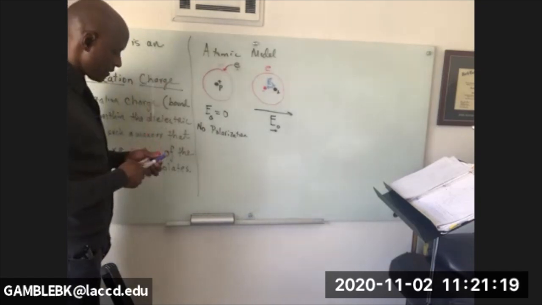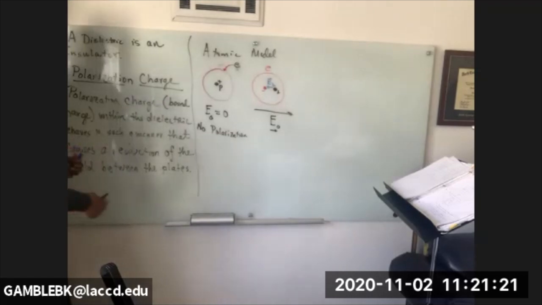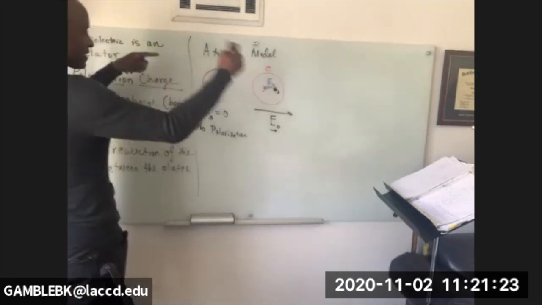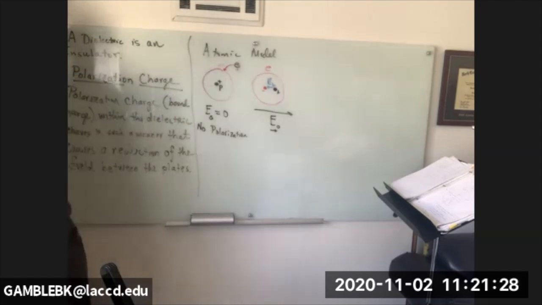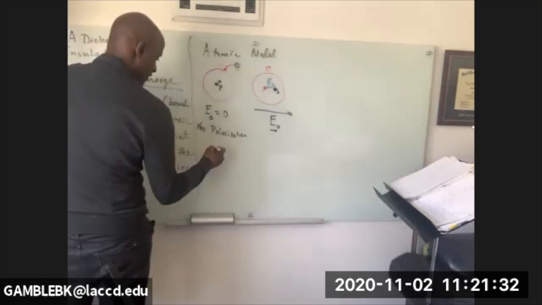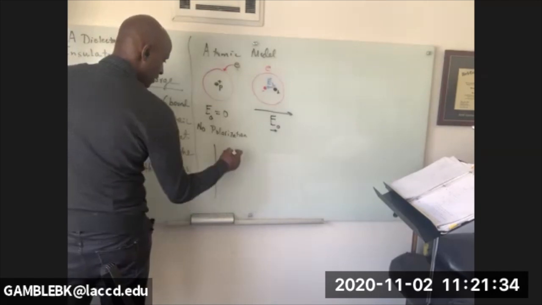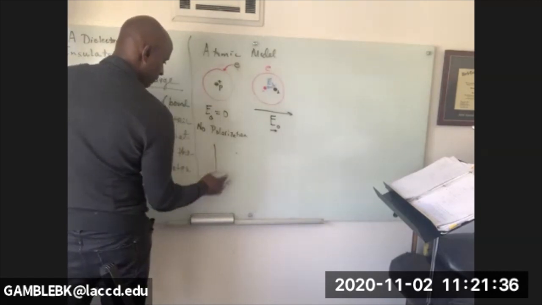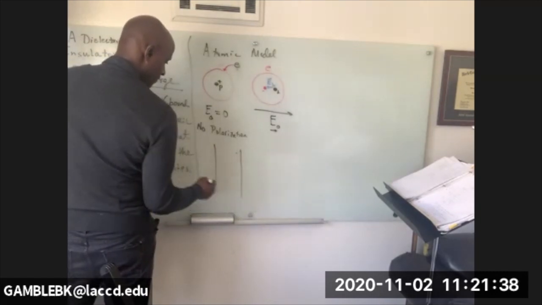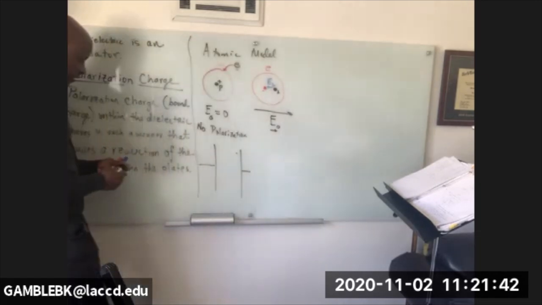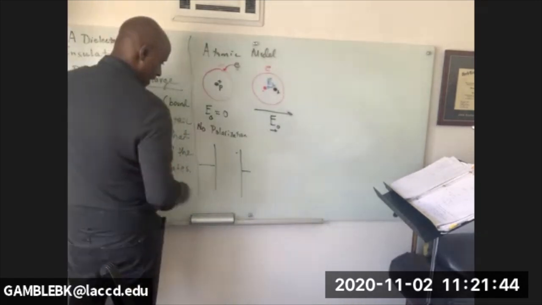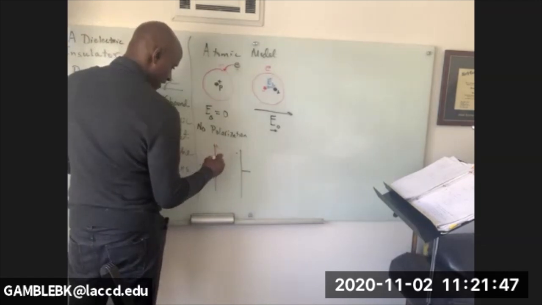Okay, check this out then. Remember, this is an atom inside my dielectric that's also now placed inside my capacitor. Now, let's go back to the capacitor and look at this. Here's my capacitor again, and I think I had my excess charge on the outside like this.